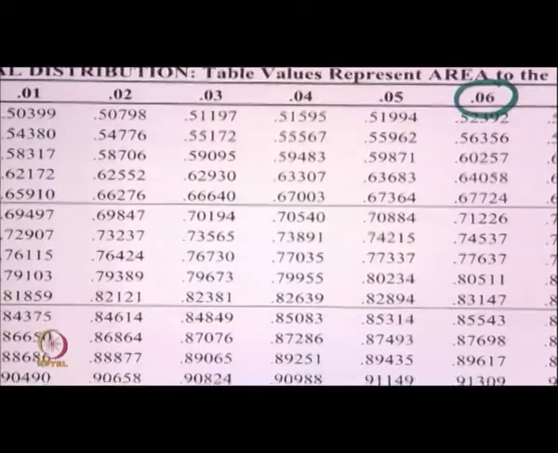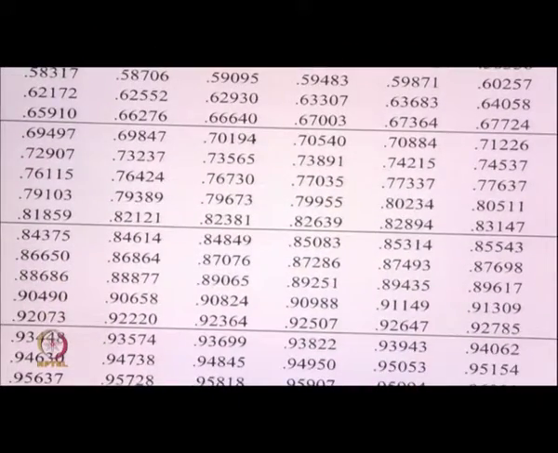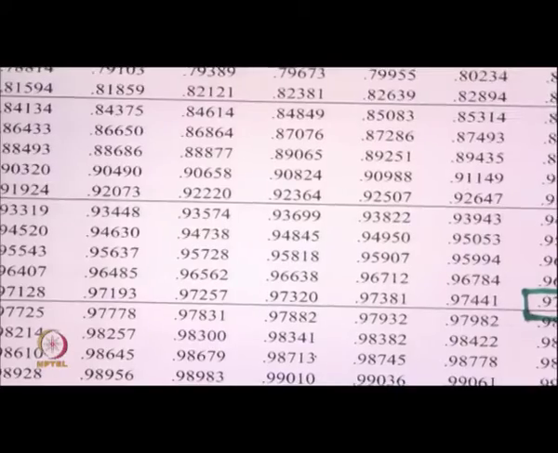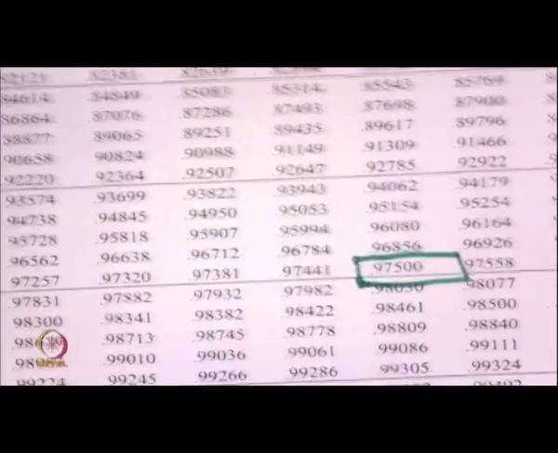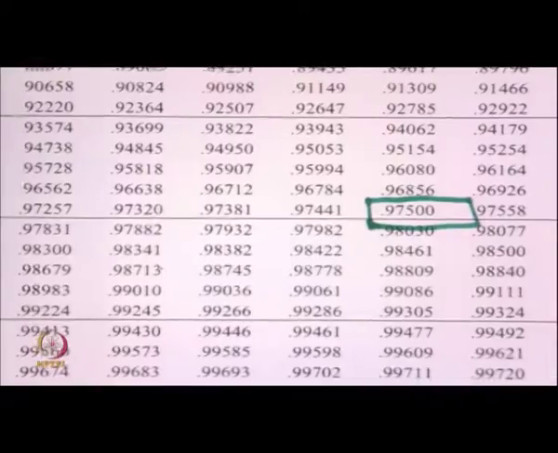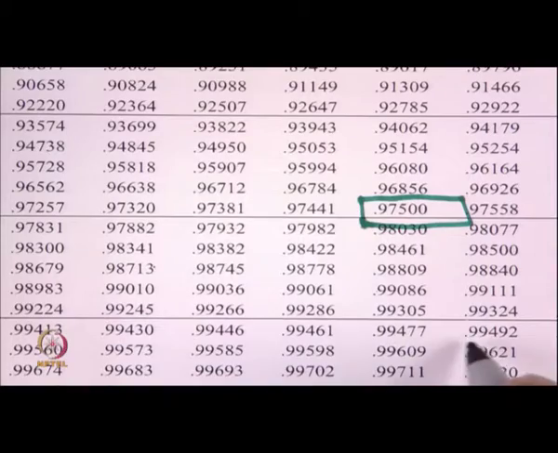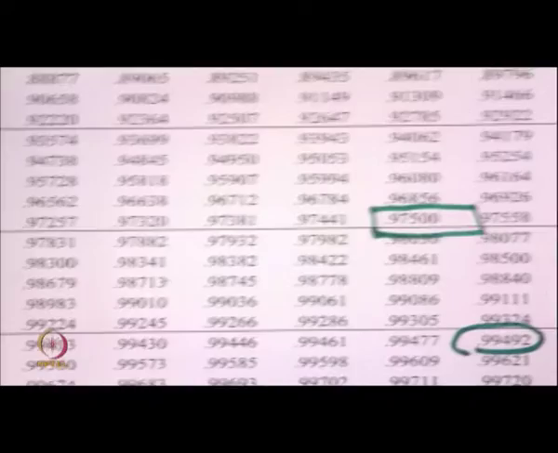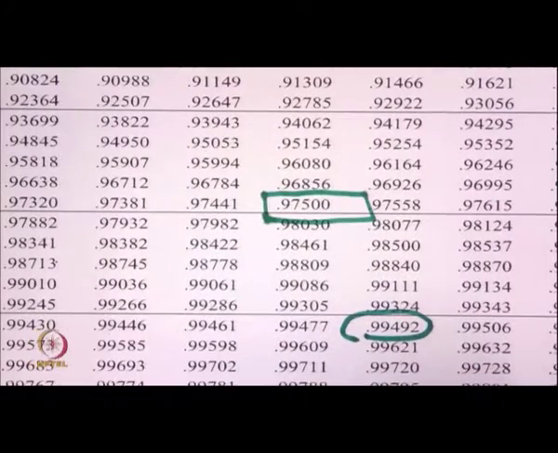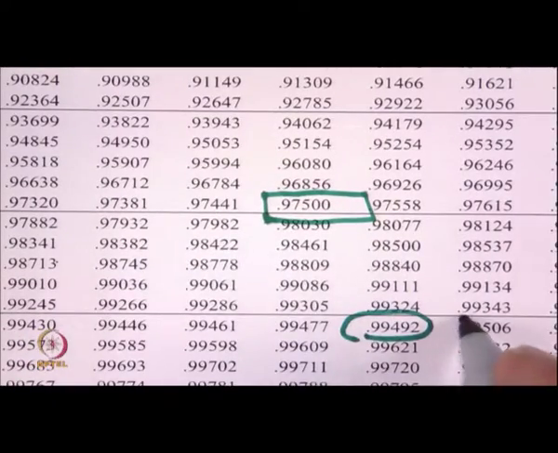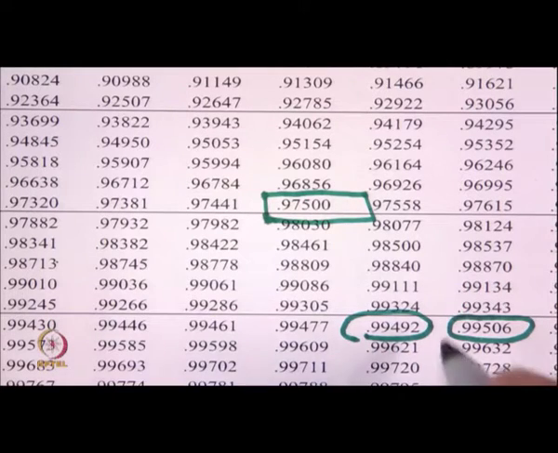So, again we look at the table and we find that this is the value which is 0.99492, and if we go further we get 0.99506. Therefore, 0.995 we would expect is somewhere in the middle.